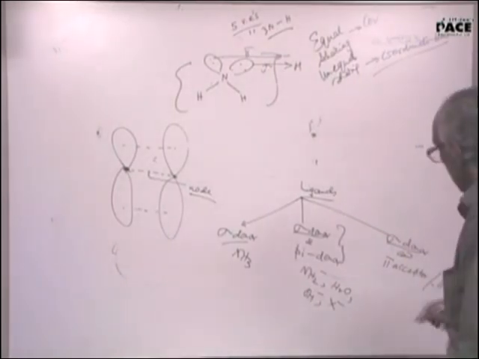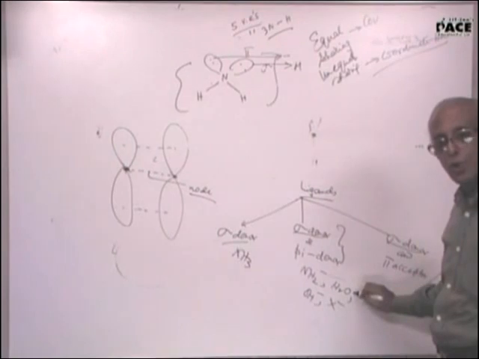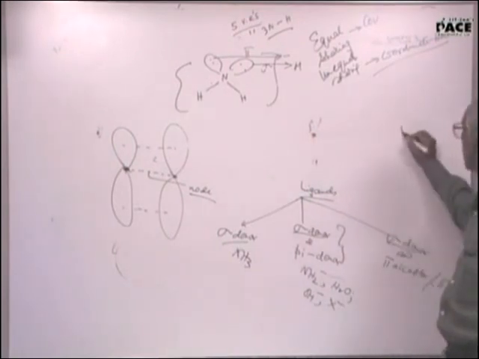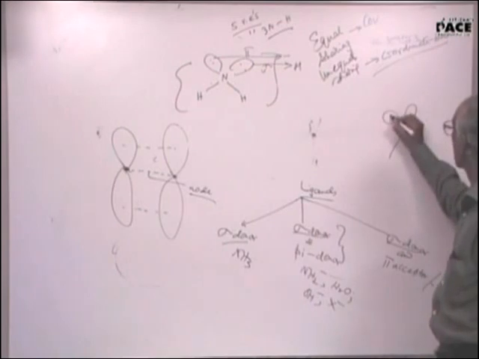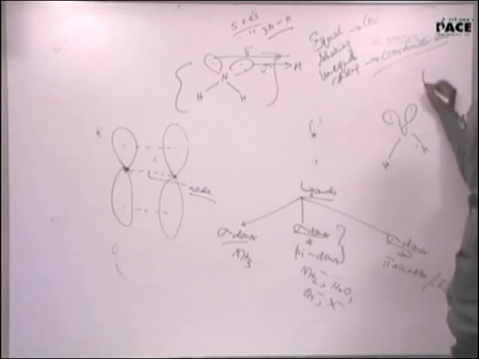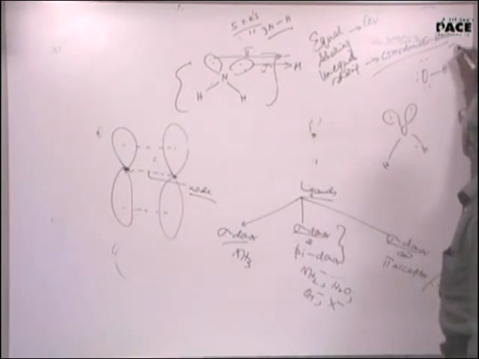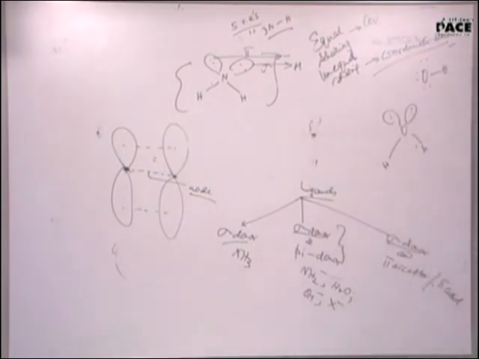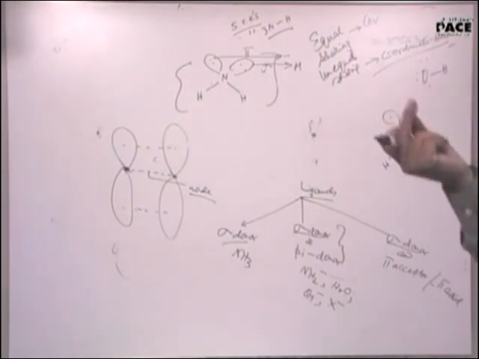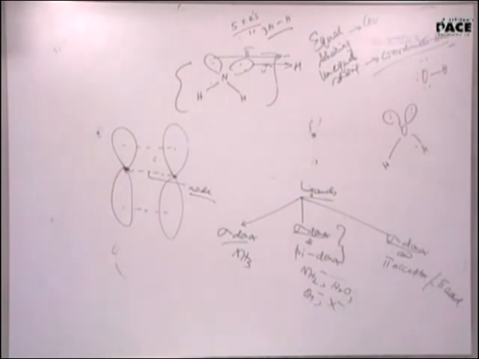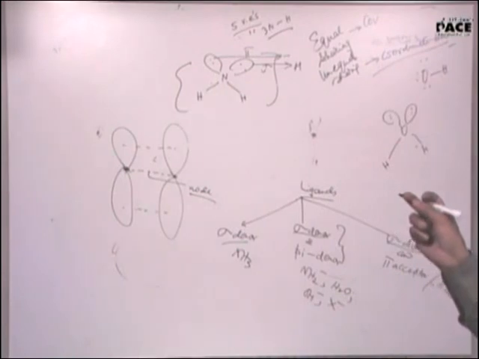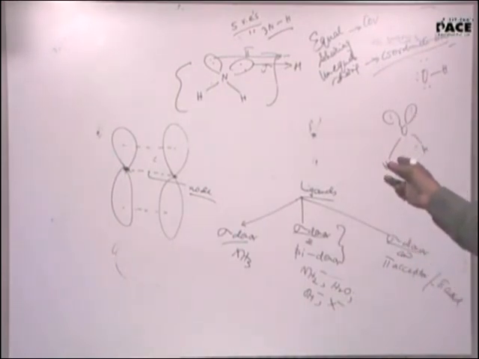Water, you see, has 2 lone pairs. OH minus: oxygen has 6 valence electrons, and the negative charge gives another electron, so 7. Out of 7, only 1 is used to form the OH bond, so there are 3 lone pairs available.